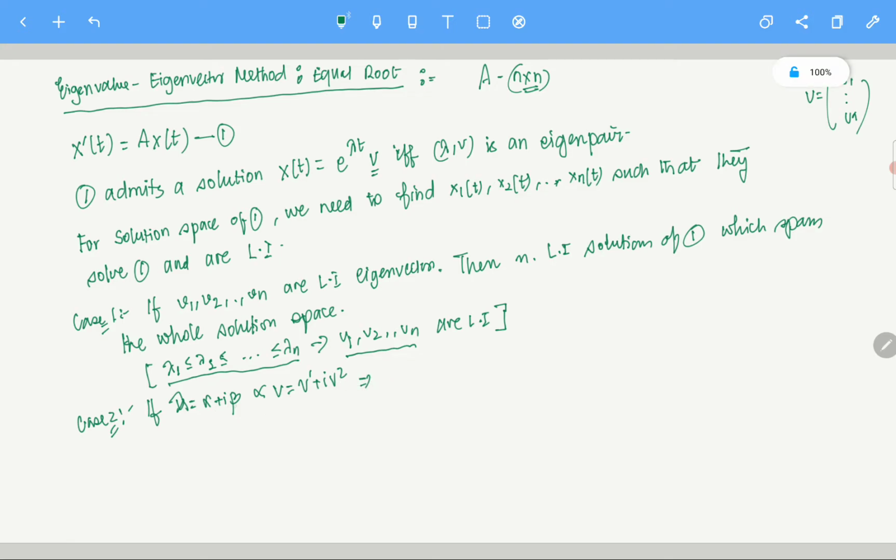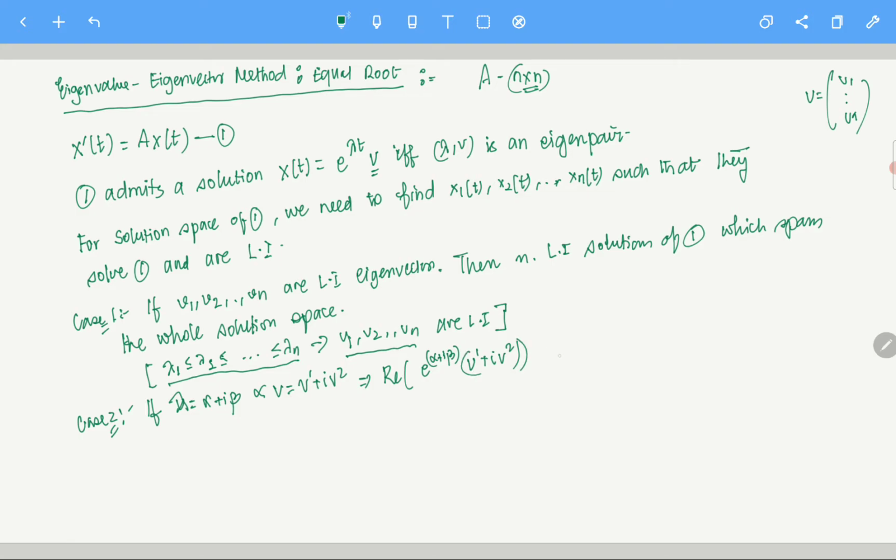If e power alpha plus i beta t times v1 plus i v2 is a solution, then you can break it up into the real part and the imaginary part of e power alpha plus i beta t times v1 plus i v2.